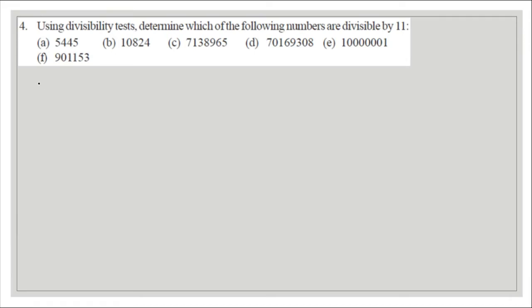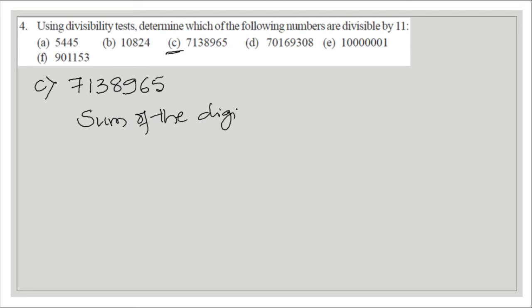Let me consider in random, say question C I am taking. The given number is 7138965. Here first I will find out the sum of the digits at odd places.